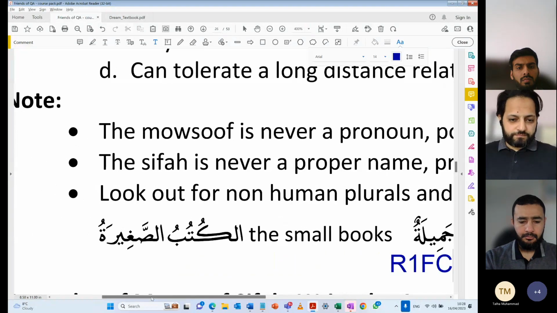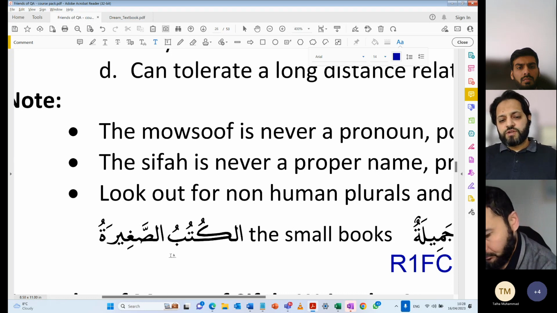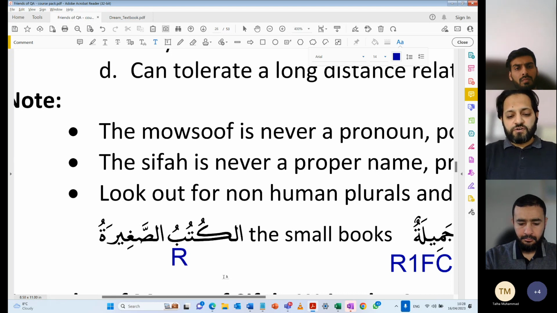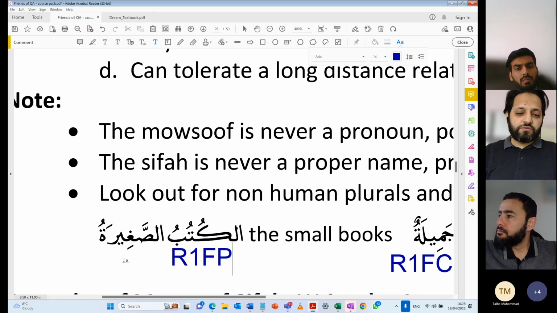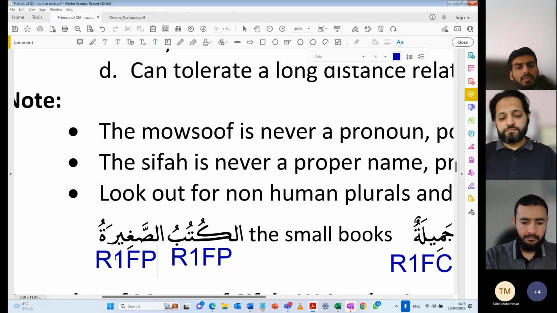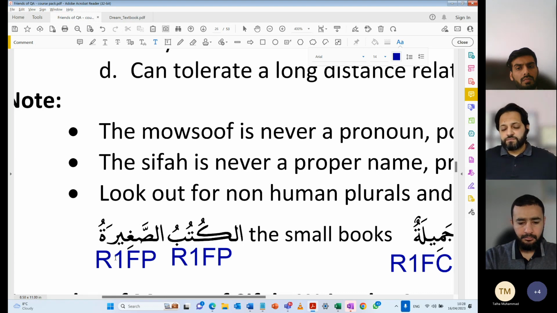I think al-kutubu as-saghiratu, the small books, right? So now you know kutubu is books and kitabu is a book. So you would do rafa, singular, feminine, proper, and as-saghiratu is rafa, singular, feminine, proper, right?